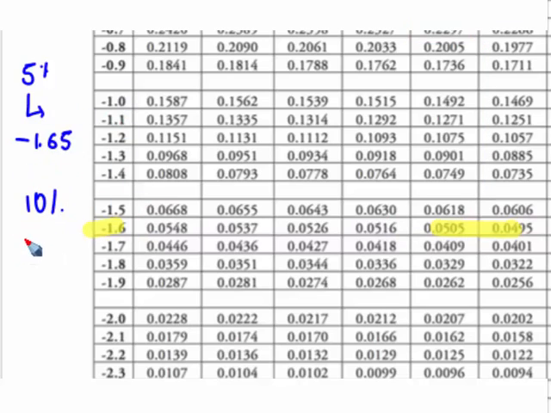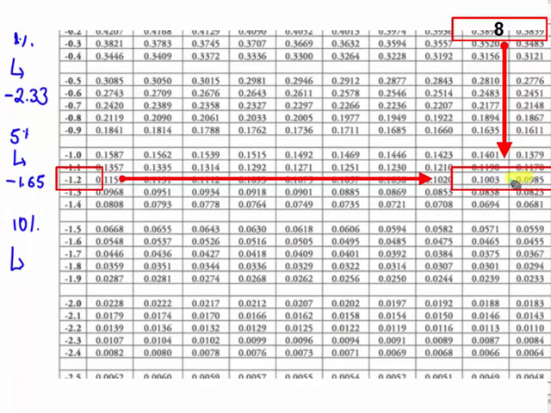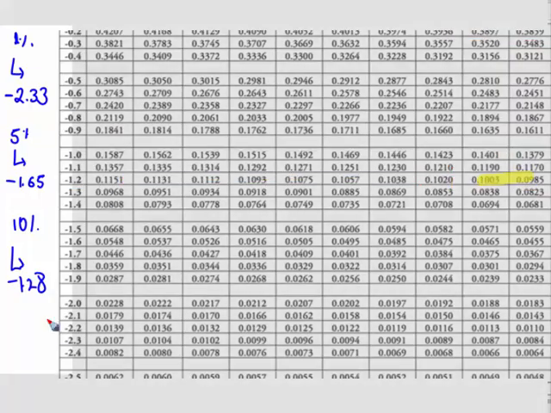And let's take a 10% VAR. Now search for 10% in the probability tables. Here? Correct. So that would be 1.2 and we can take 8, so minus 1.28. So now we have three values, minus 1.28, minus 1.65 and minus 2.33.